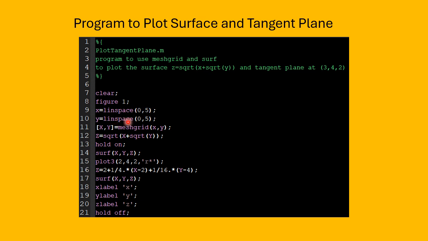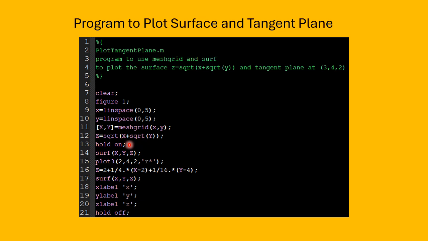y equals linspace 0, 5 does the same for creating an array y. Then capital X, capital Y equals meshgrid x, y. This will create, as we saw before, arrays x and y. We will let z be the square root of x plus the square root of y.